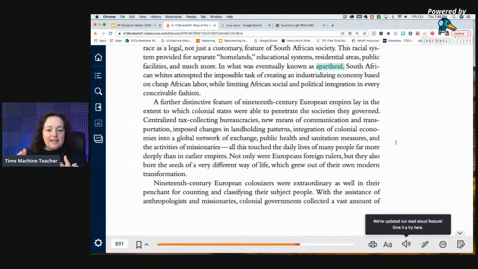All this touched the daily lives of many people far more deeply than the earlier empires. So put down that another distinction is how deeply they penetrate into society. The Europeans, that is. How deeply the Europeans penetrate into society. How far they go with the control.